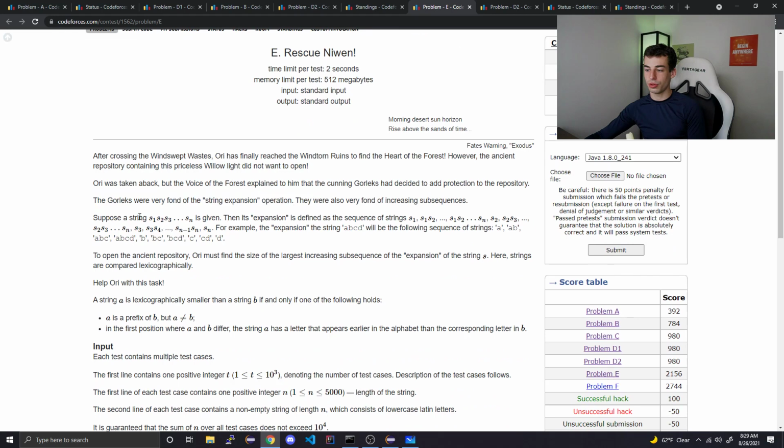Okay, so string expansion is just you take a string and then repeat it. Oh wait, never mind. So you get a sequence of the following strings. Oh, just all substrings? Gotcha. You just get all substrings. You must find the size of the lexicographically largest subsequence of the expansion of a string S. A string A is lexicographically smaller than B if this happens. What is a subsequence?